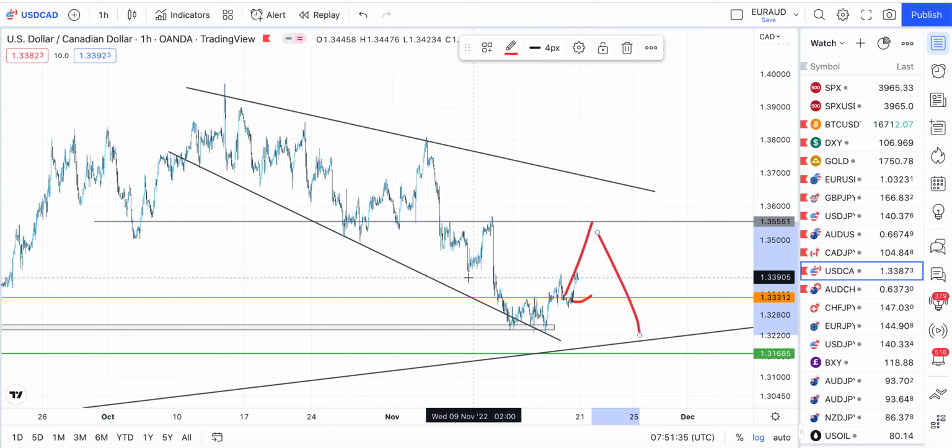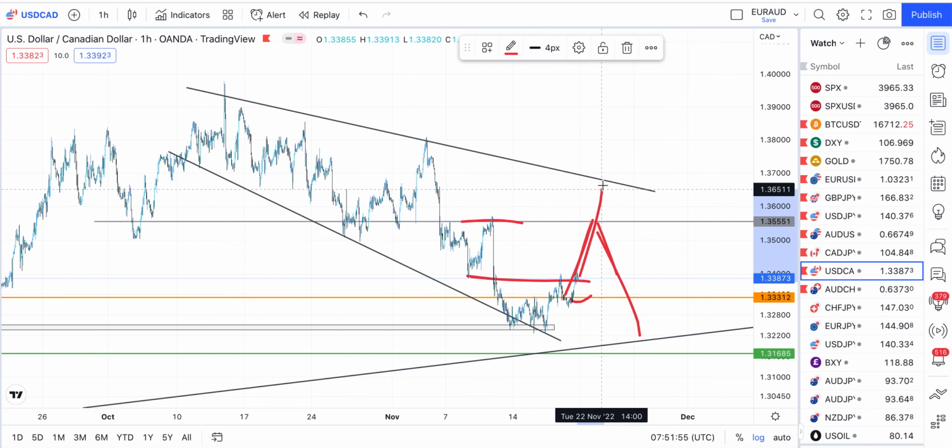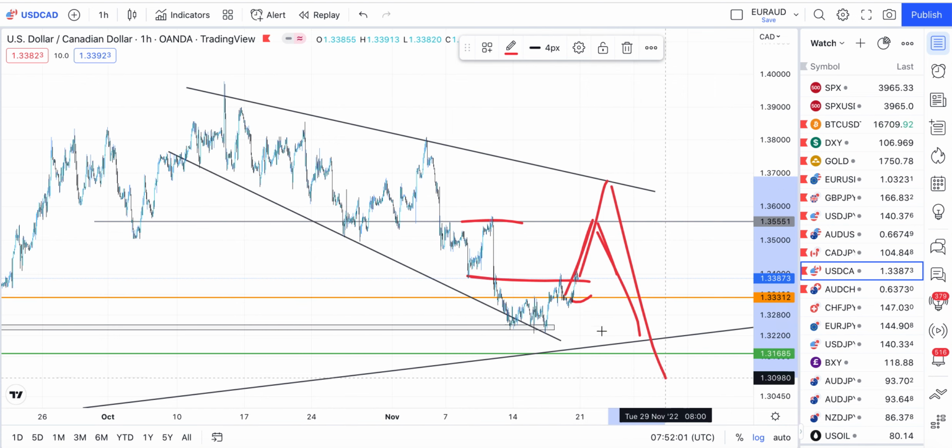Here I'm looking for a move above this particular area, maybe to this particular area of supply, and then we might see a rejection at this particular level. If not, we might see a move to this area. Then it's either we see a breakout or we see a rejection at that particular area.